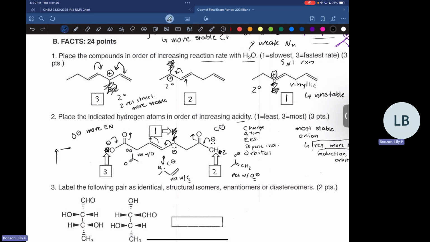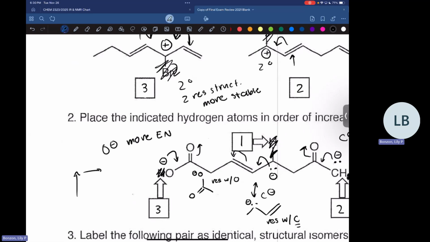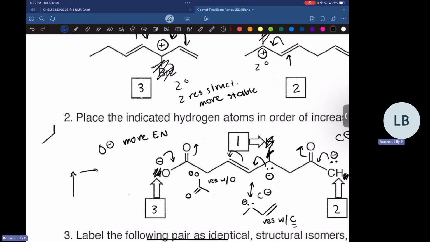Yeah, that's a good question. So for a dipole moment kind of thing, you might see something like this, where we have the top structure with a negative charge, and next to it is a CH3.